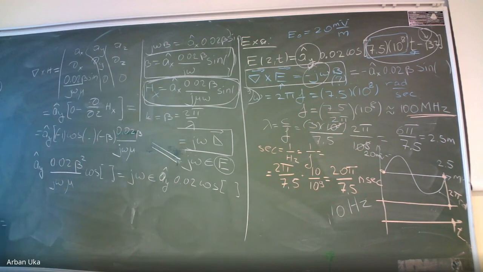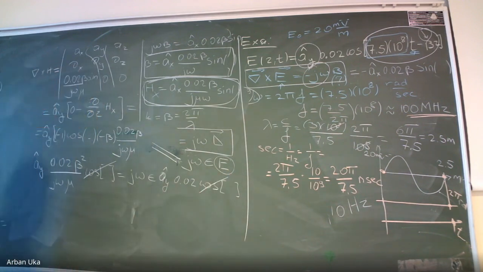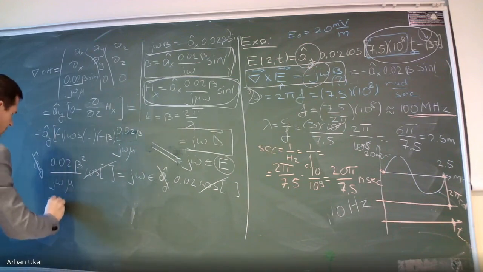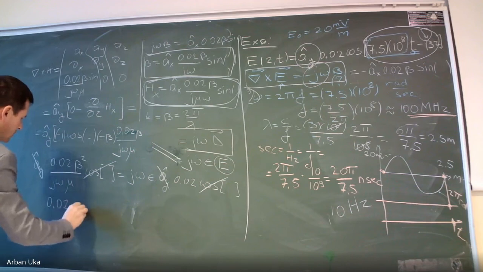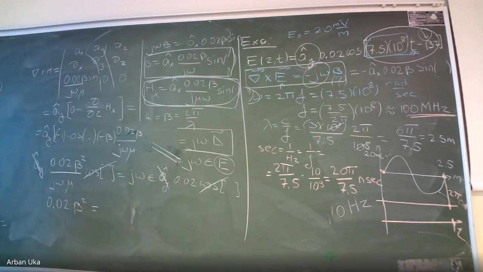So we look at these expressions. We can cancel out the cosine term. Well, we can simplify this AY, and it's just pointing for the direction. And finally, we get something like 0.02 beta squared. This is equal to j omega squared.